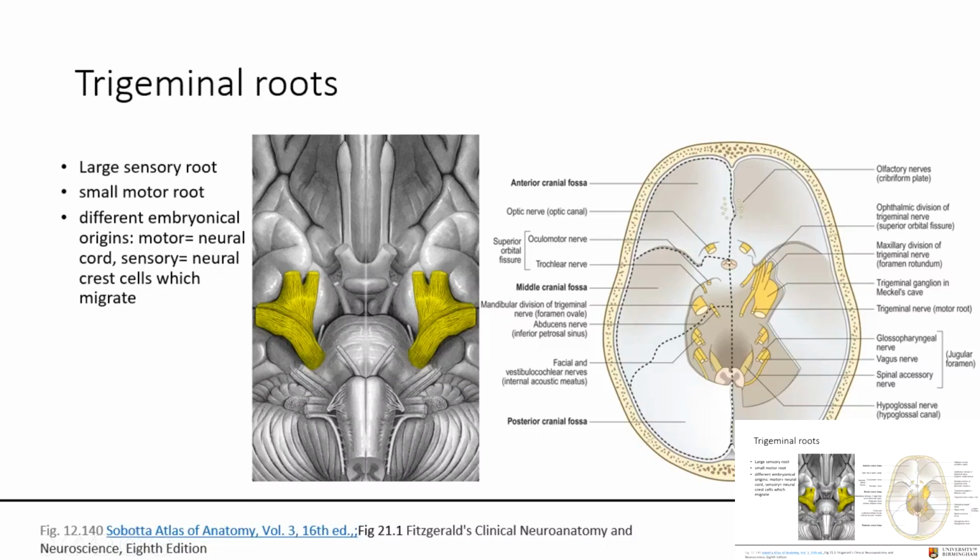They are known as olives because they look like olives. Lateral to the olives you will have the origin of 9, 10, 11, and then between the olives and the pyramids you will have 12. So that is how to identify them. If you know where they should emerge from, it's easier to locate them in the prosection.